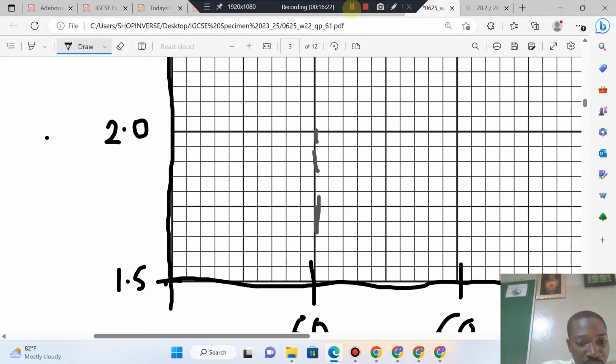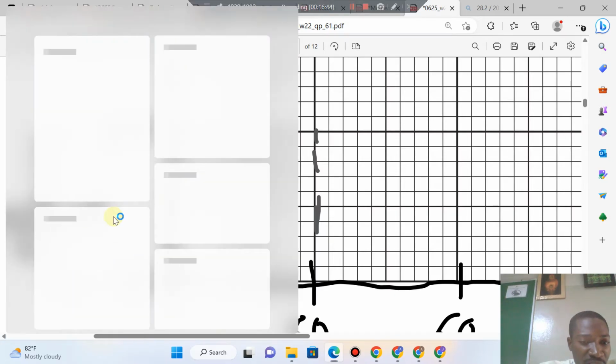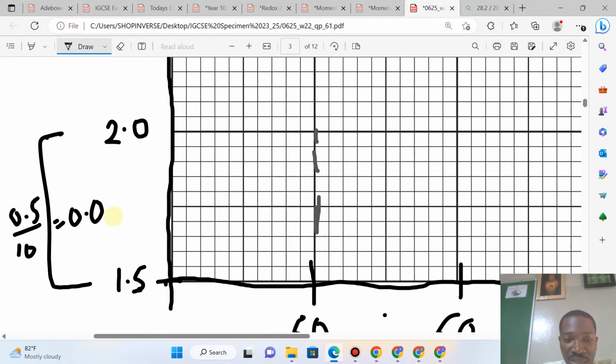From that first division up to the next division, the difference, 2.0 minus 1.5, is 0.5. Because there are 10 divisions between these two, each division is 0.5 divided by 10, which gives you 0.05. That means each division on that axis is 0.05 units.